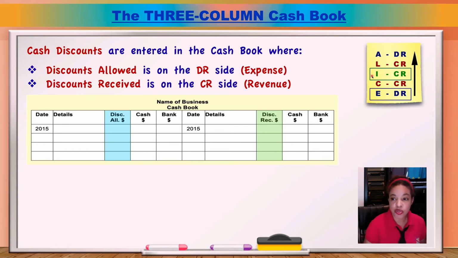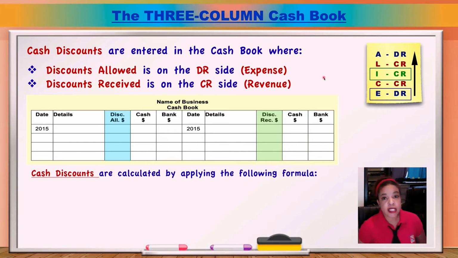Income, double entry rules, income would be credit side. So this is why you see your discounts received on the credit side. So there you have your cash discounts. Once again, emphasizing the third column in your 3-column cash book would be for cash discounts, which there are 2: discounts allowed on the debit side, discounts received on the credit side. Nice.